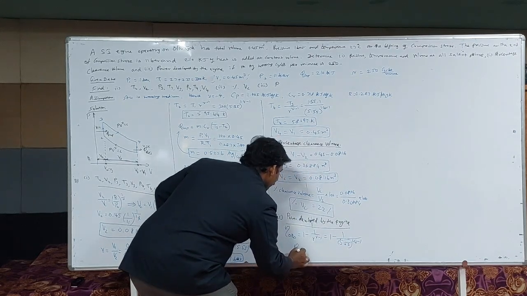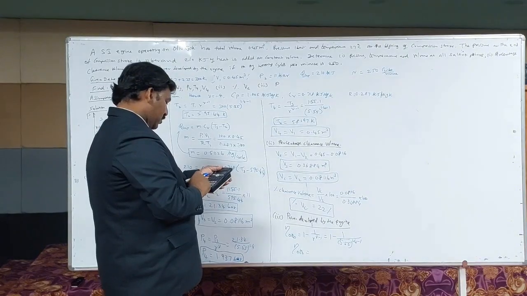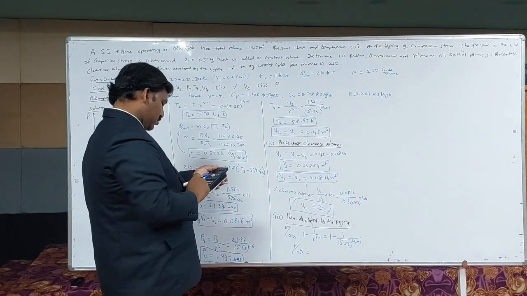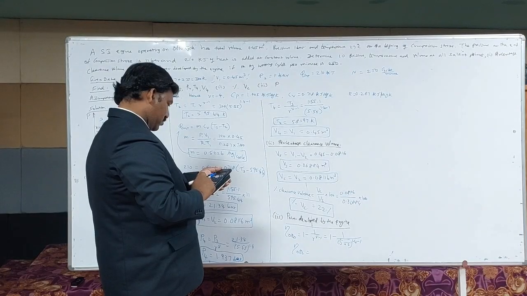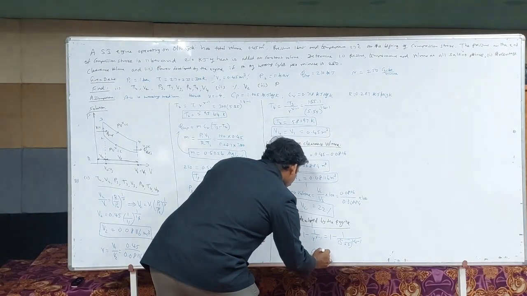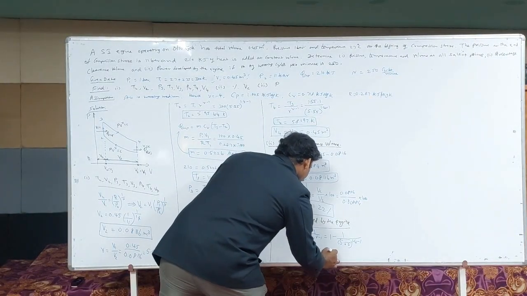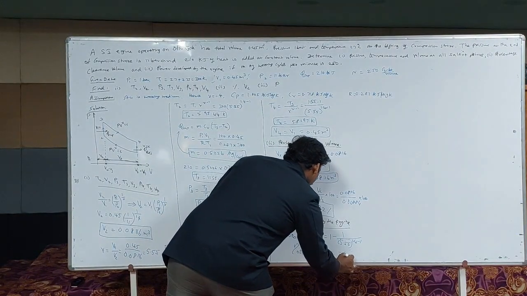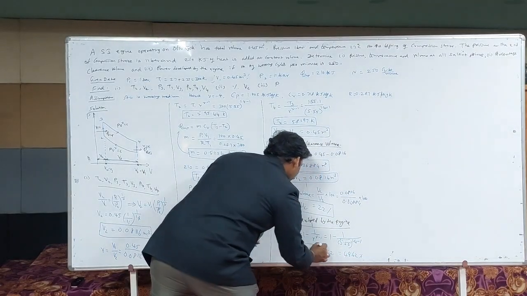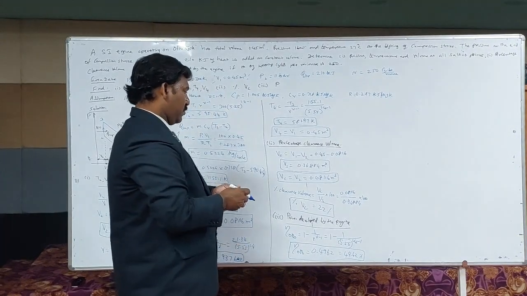So the efficiency is 0.496162, that is equal to 49.62 percent. So this is the efficiency of the Otto cycle.